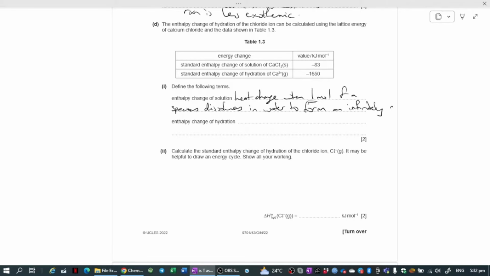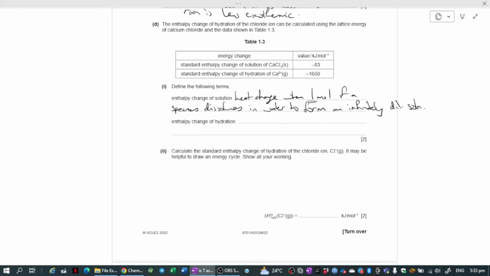An infinitely dilute solution. Now, I use the term heat change because enthalpy change of solution could be exothermic or endothermic, unlike, for instance, say lattice energy, which is always exothermic. Right? And then we look at the enthalpy change of hydration.